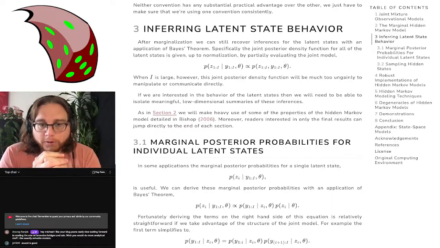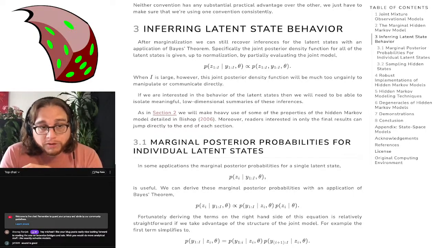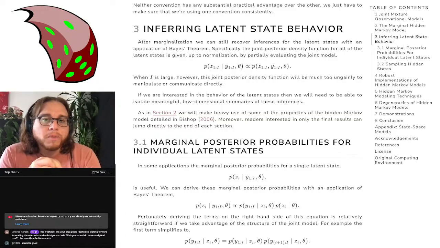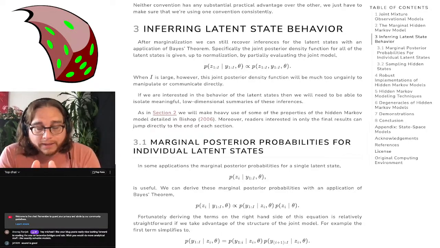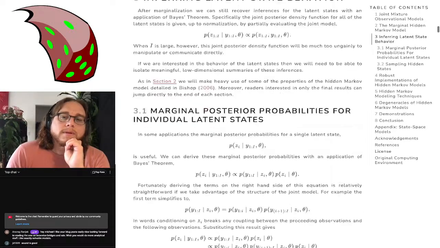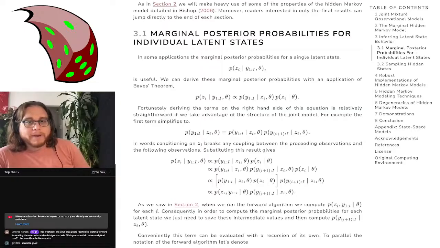Instead, it's going to be much more useful if we can either generate samples from that joint model in an efficient way, or if we can look at marginals. We can look at just one hidden state at a time. Both of these can be done analytically with a little bit of work. So for example, if I just want to look at one of the latent states, I don't care about any of the others.